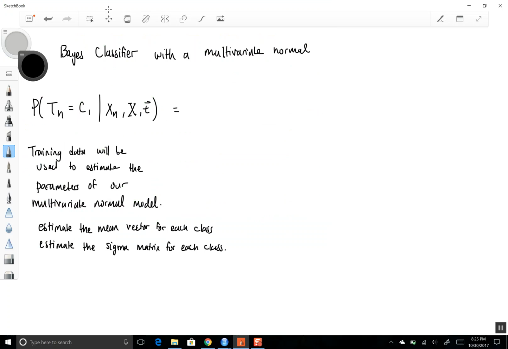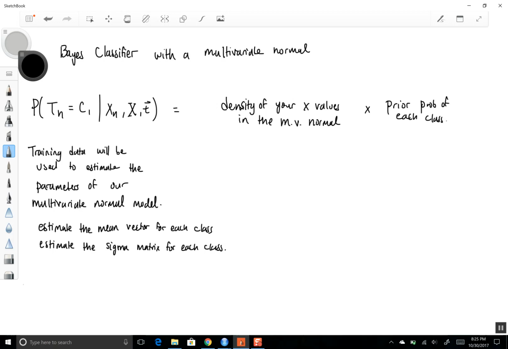And then this would be the density of your x values in the multivariate normal, times the prior probabilities of each class.